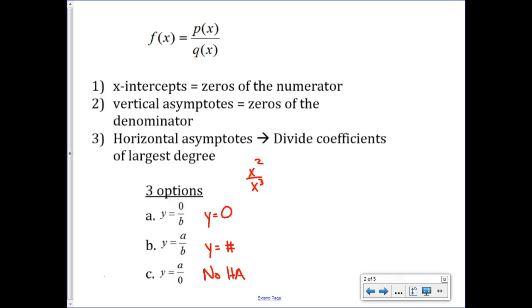That's when you would have 0 divided by b, because there's 0 x cubes on top, and then there's some number of x cubes on the bottom. So that's this first option.